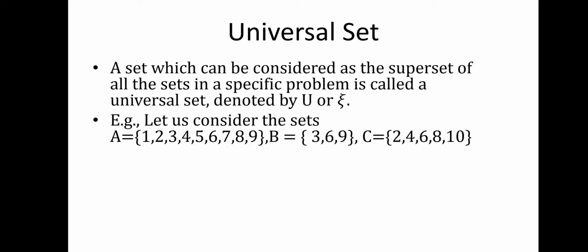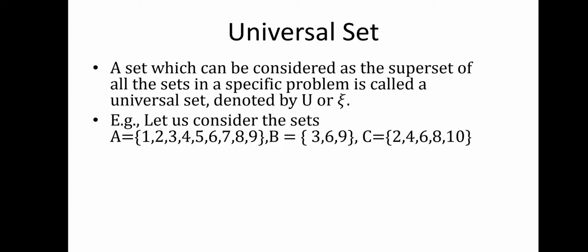But for a rough idea, let us consider a problem where A is 1, 2, 3, 4, 5, 6, 7, 8, 9, B is 3, 6, 9, and C is 2, 4, 6, 8, 10. I need to find a set which can be considered as a universal set. Universal set means a set which can be considered as a superset of all these three sets.